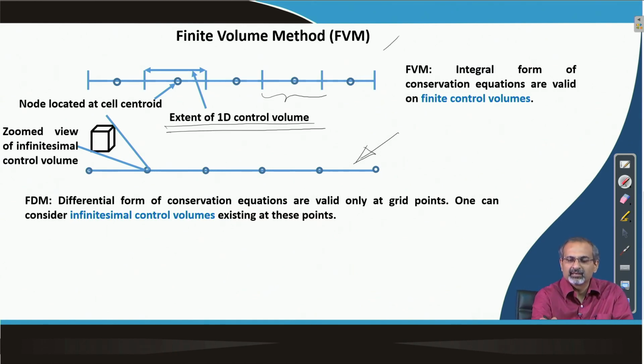So, even here for the discussion of the finite volume method, we are using the same one dimensional problem or one dimensional domain. But here we are noting that we have a certain extent which we are defining as a control volume. So, it is nothing but a small element spanning a certain length along this direction.